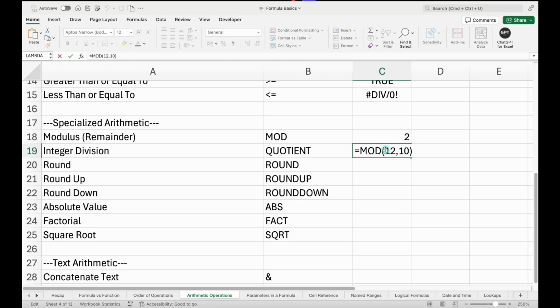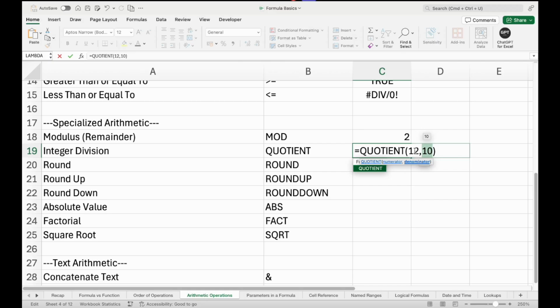Now I take the same example and I do quotient, right? Quotient is similar to mod, but instead of giving you the remainder, it will give you the quotient, which is the maximum number of times that I have to multiply the denominator to get a number which is equal to or less than the numerator.